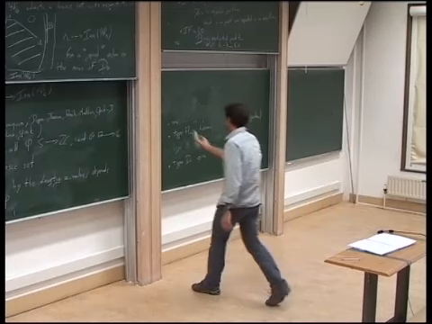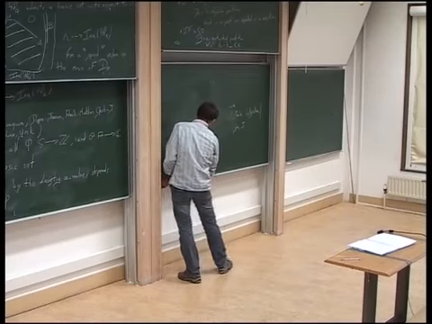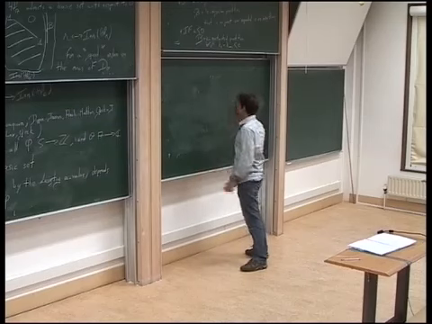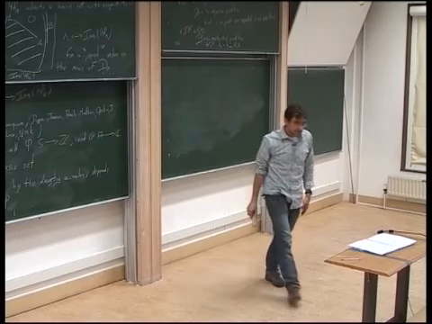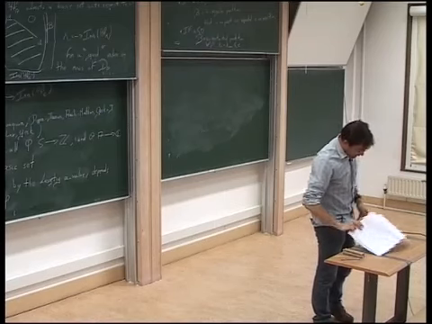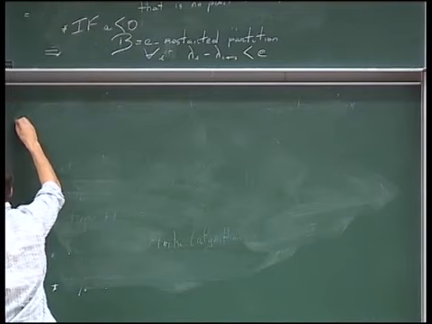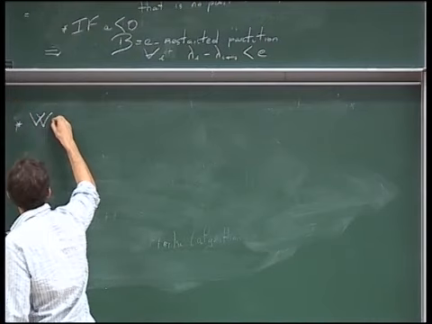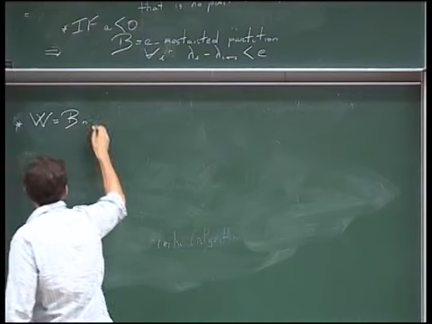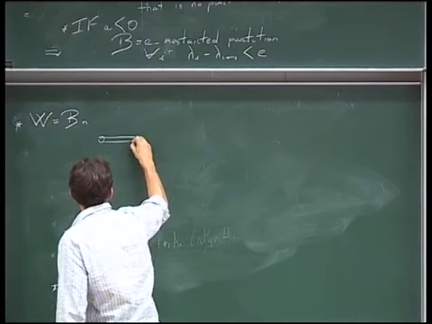So now type B, which will be the most interesting case. Okay. So the diagram of type B is as follows.